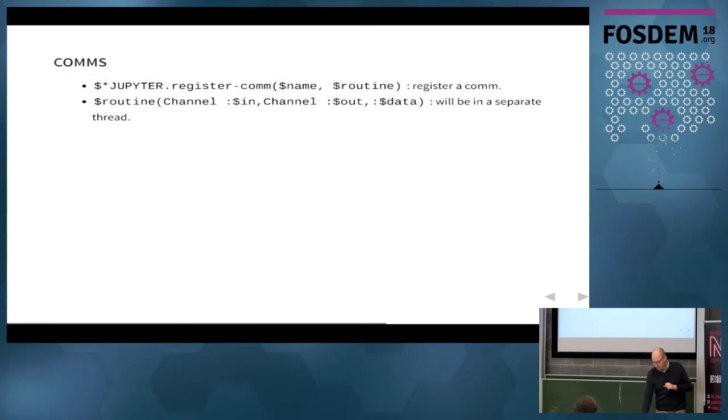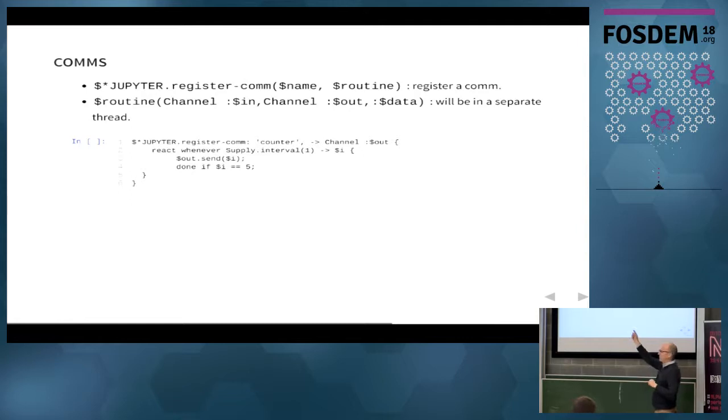Okay, so the way it works is you use a variable called $Jupyter, and you register a comm. And what that means is you say, take this name and associate it with this function. And the function then is going to get two channels. So in Perl 6, a channel is a built-in data type. A channel is a thread-safe queue for stuff that's going in one direction or another.